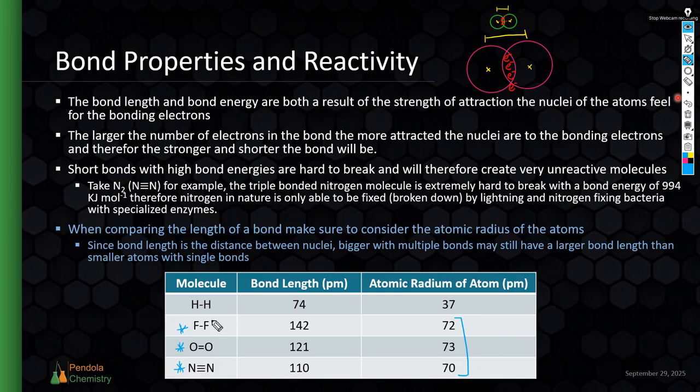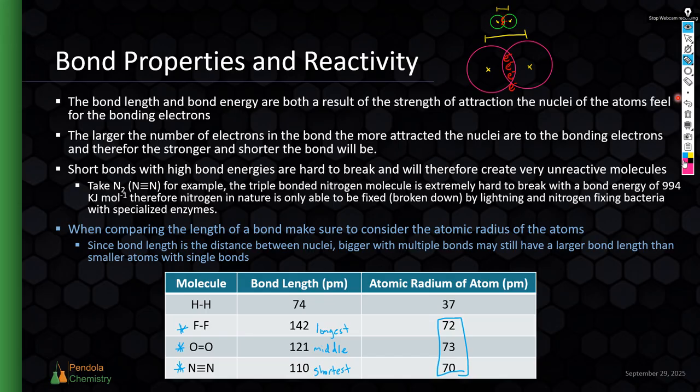So we can see here how from the single bond to the double bond to the triple bond, we see that bond length trend that we expect, where the single bond is the longest, the triple bond is the shortest, and then the double bond is somewhere in the middle. And again, this only works because we're comparing atoms that have very similar atomic radius.